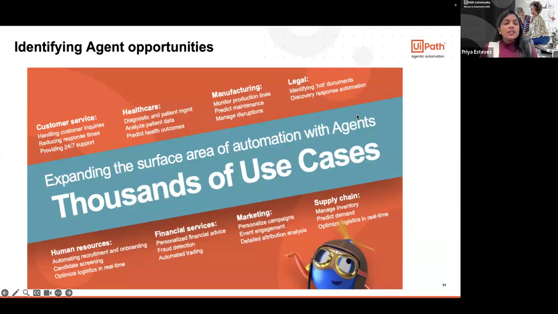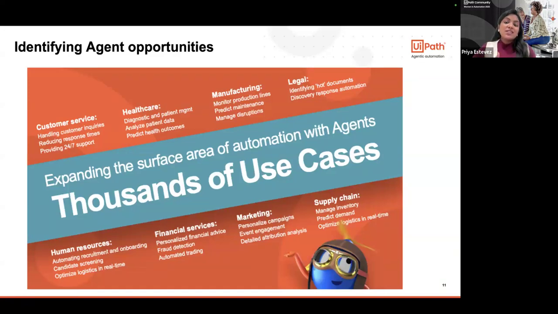And here are the opportunities that we have in our process, where you could think about all the different agents that could come into different industries as well. There are thousands of use cases. When we started the RPA journey, people were thinking about what to automate.